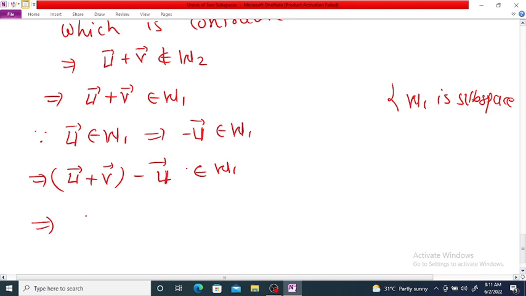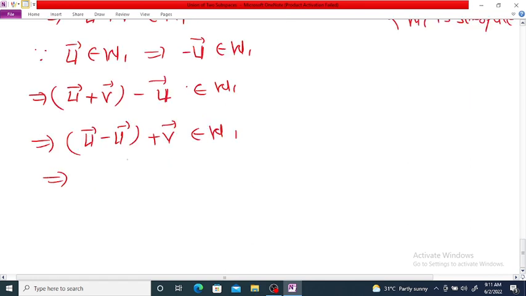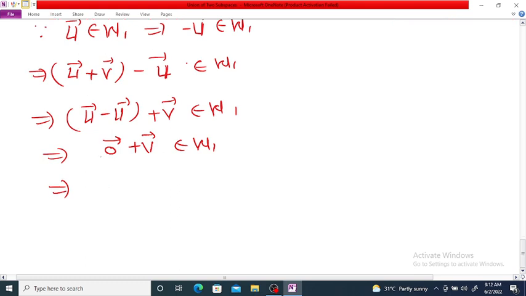So this implies u bar minus u bar plus v bar belongs to W1 by using the associative and commutative properties. So what is u bar minus u bar? It is 0 bar plus v bar belongs to W1. So this implies v bar belongs to W1.